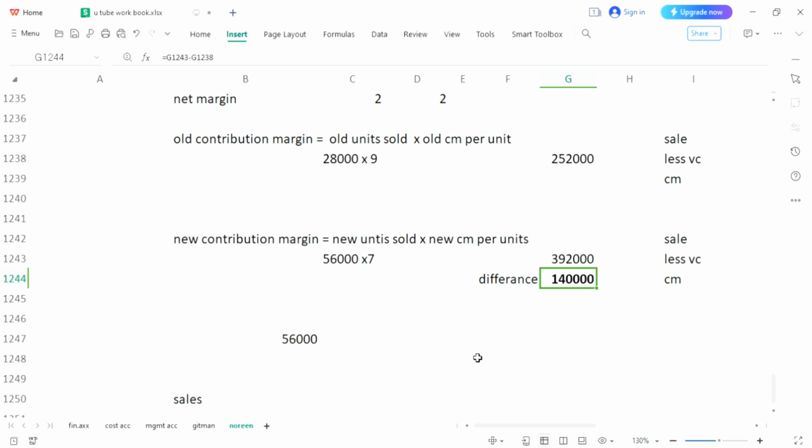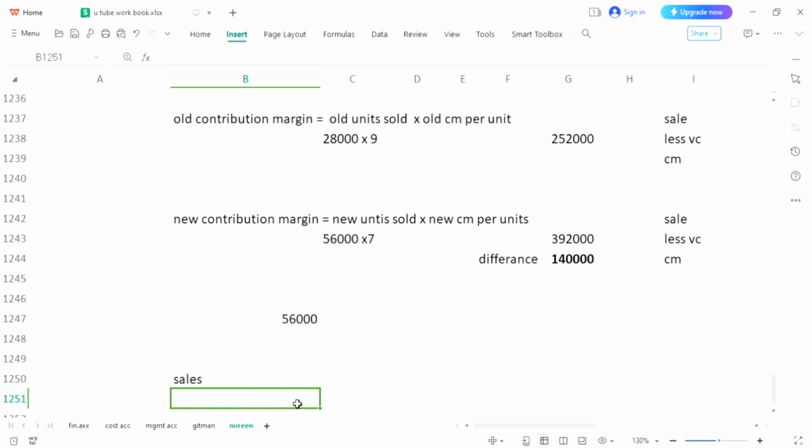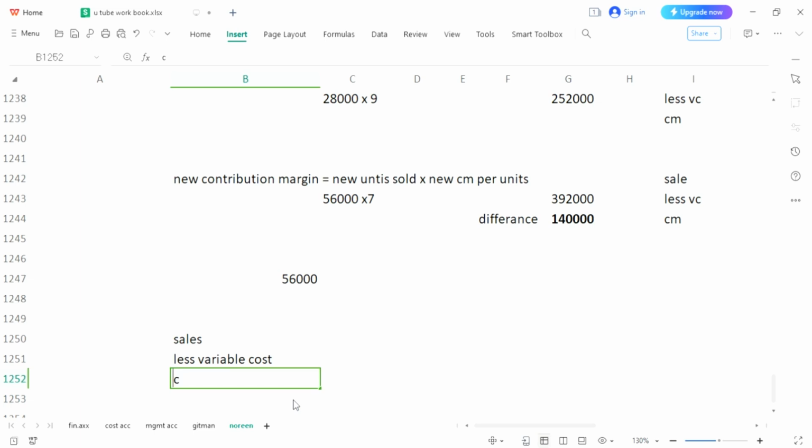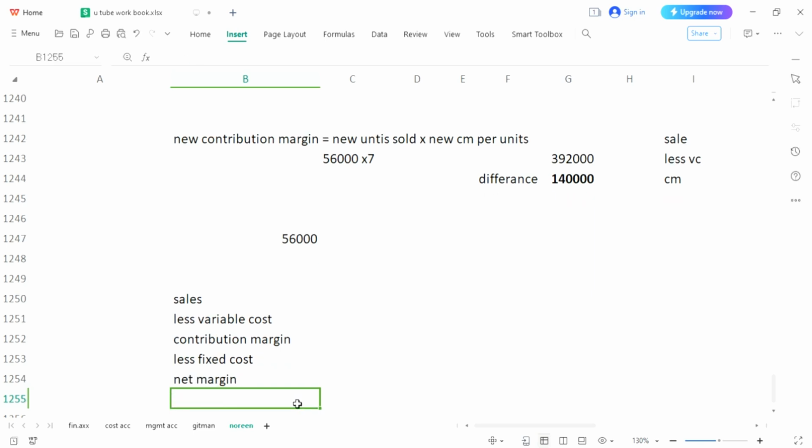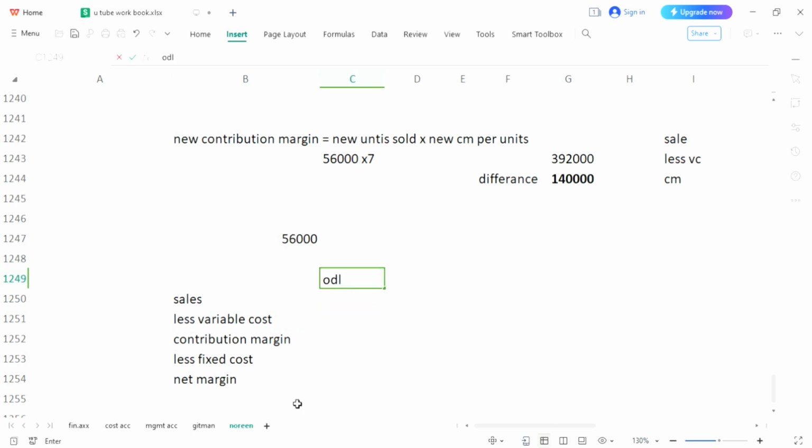First, we will be calculating our old and then we will calculate our new net margin. So after sale, you will subtract your variable cost to get contribution margin, then you will subtract fixed cost to get net margin. Okay, now we will calculate our old figures.